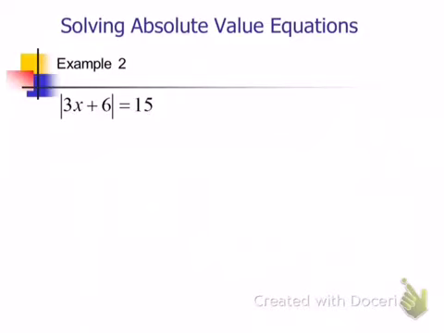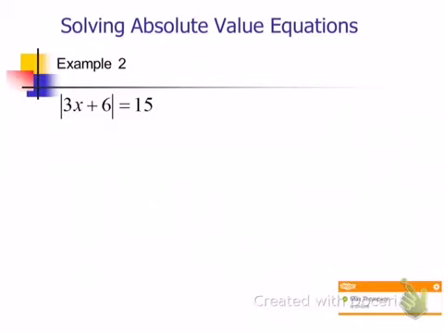So this grouping symbol takes on a different meaning. Right? The absolute value, that quantity that's inside here, has a distance from 0 that is equal to what? 15, thank you. It has a distance from 0 that is equal to 15.